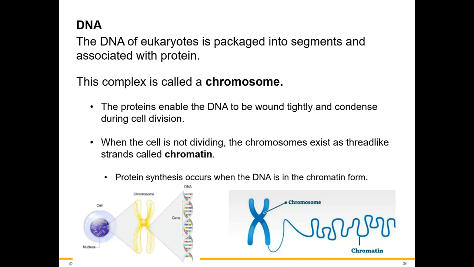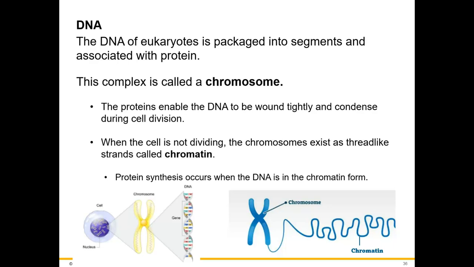The DNA of eukaryotes is going to be packaged into segments and associated with proteins. That's just our way of organizing that DNA. This complex is called a chromosome, and the proteins enable the DNA to be wound very tightly and condense during cell division.